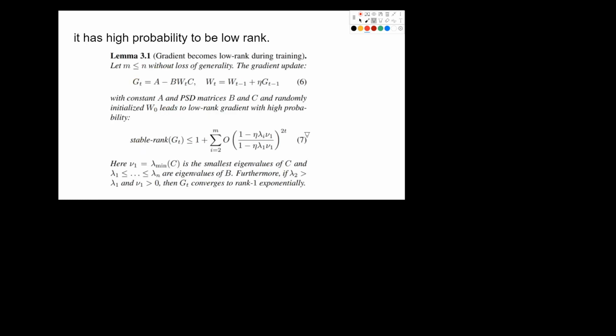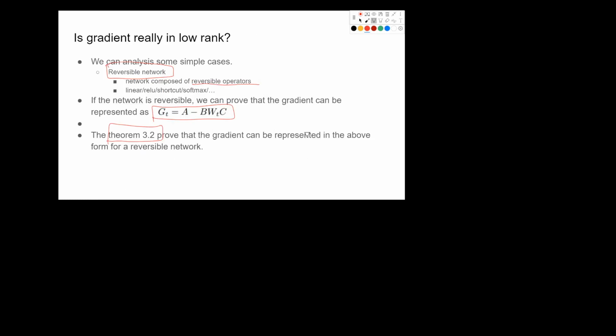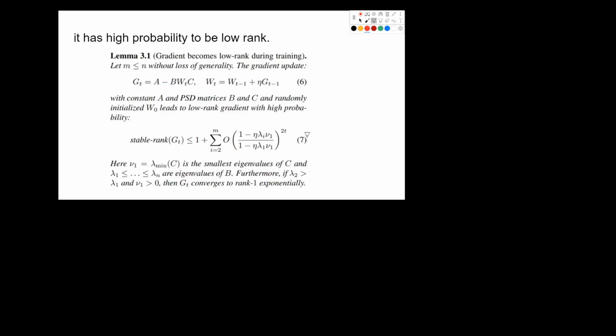This proof is much easier, so you can check the appendix by yourself. And in the next slide, we'll discuss that if we know the GT is in this form, the gradient has high probability to be low rank.